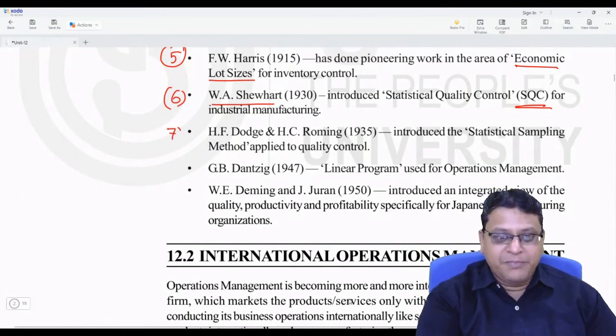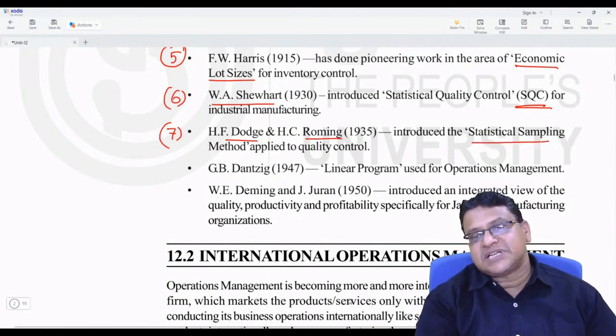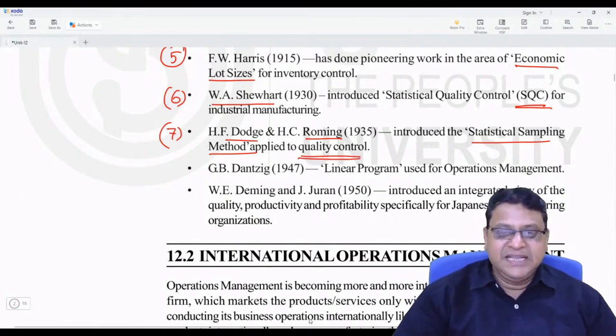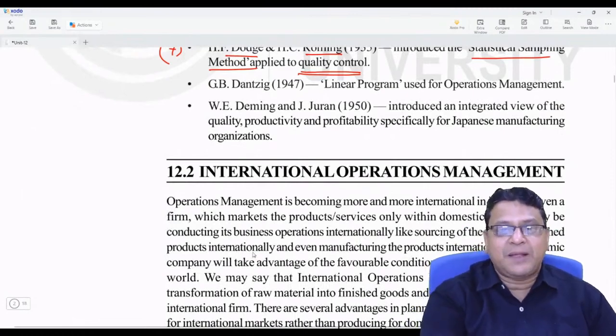Then Dodge and Romig gave the concept of statistical sampling methods, and they used it in quality control. And G.B. Dantzig used linear programming in operations management.